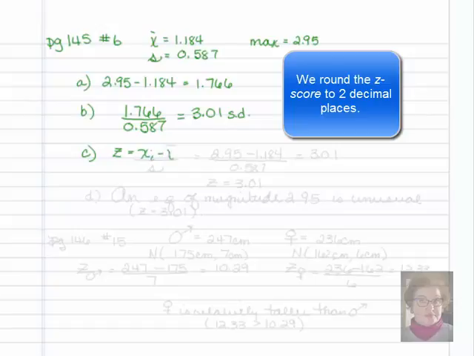Now, C says convert the magnitude of the strongest earthquake to a z-score. So remember, our z-score is my score minus the mean divided by the standard deviation. So the score I'm interested in is 2.95. I'm going to subtract the mean, which is 1.184, and I'm going to divide by 0.587.